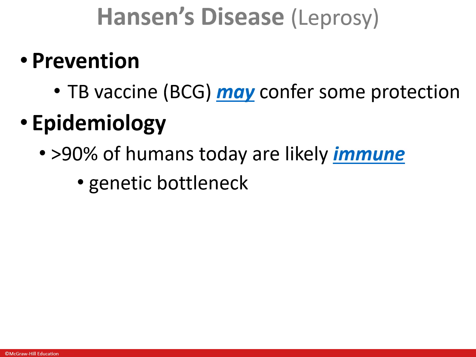And so it turns out that the gene that basically got weeded out was the susceptibility to leprosy. So it turns out, genetically speaking, about 90% of humans walking the earth today are naturally immune to this bacteria.